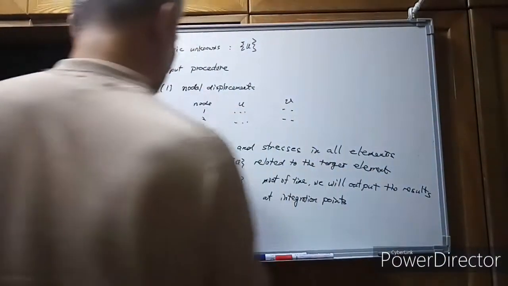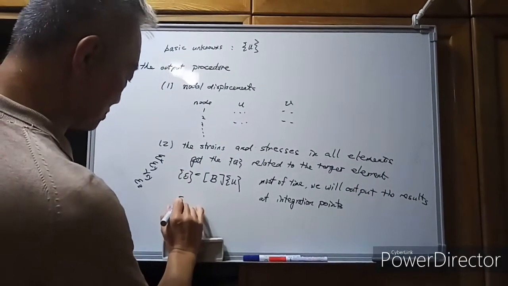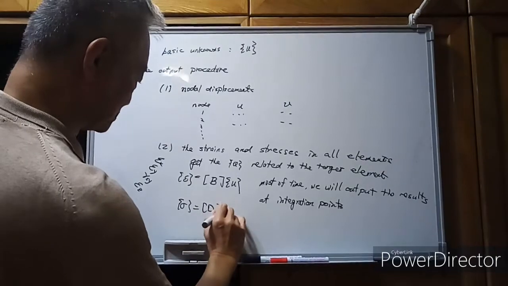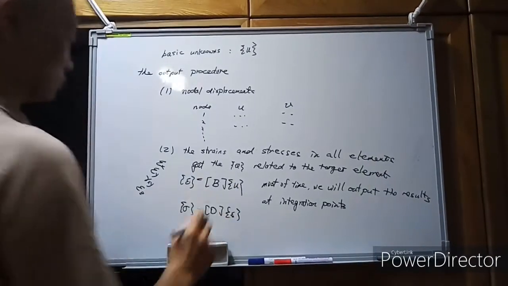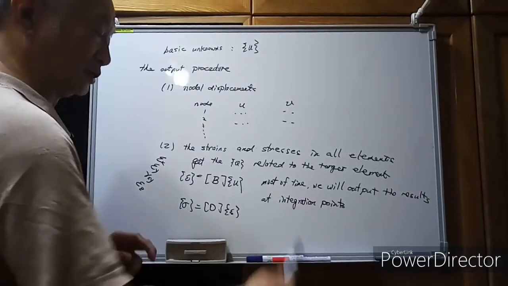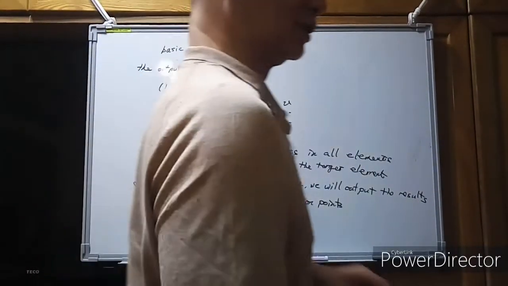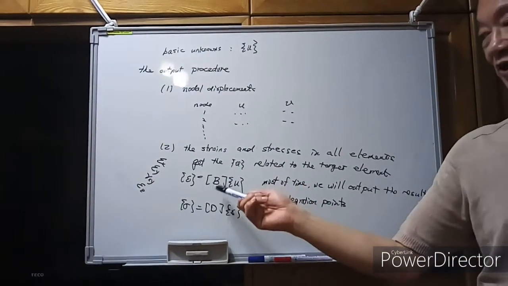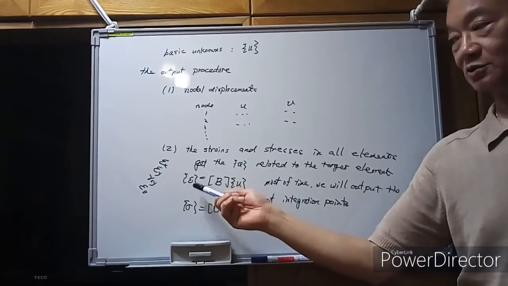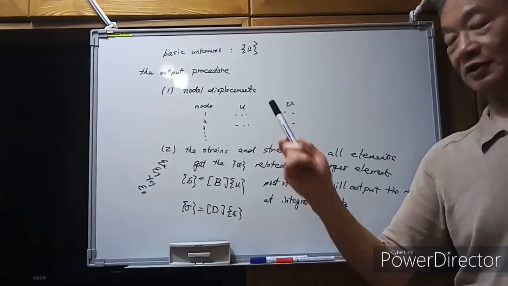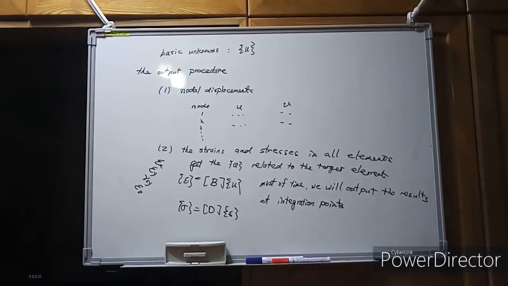Okay, then we can calculate the strains. Most of the time we will output the strains at the integration points. Then we can multiply the calculated strains by the D matrix, and we get the sigma.